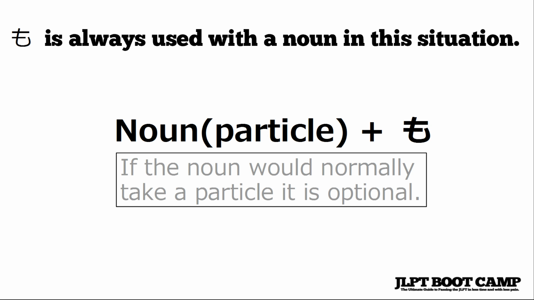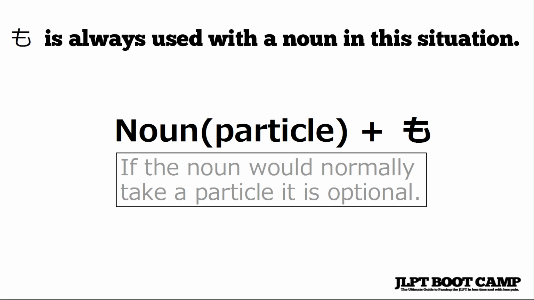Noun plus mo. Sometimes there's a particle in there, noun, particle mo. For example, demo, or e mo, to go towards in a direction. Demo, of course, is a method or a way of doing something, or a tool that you're using.